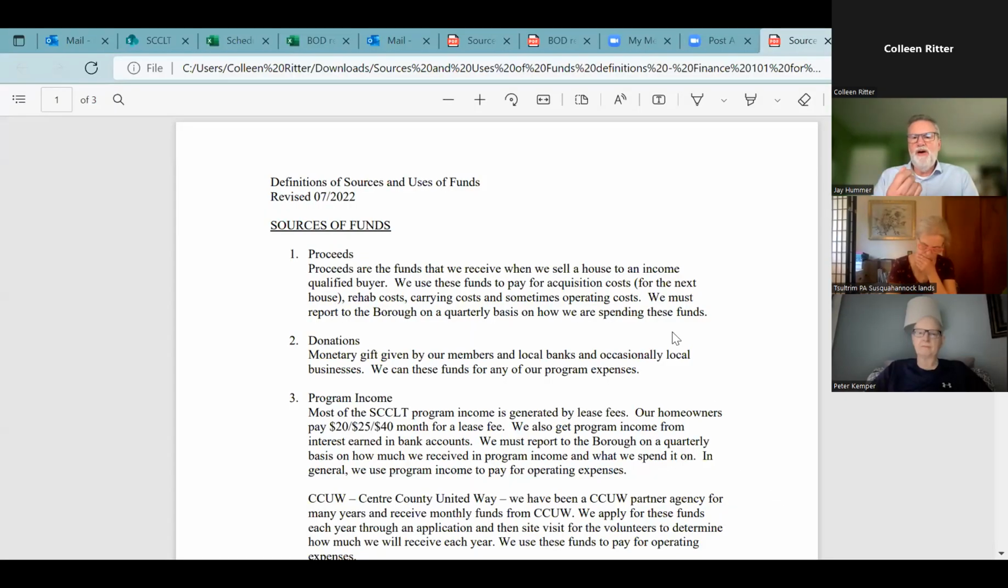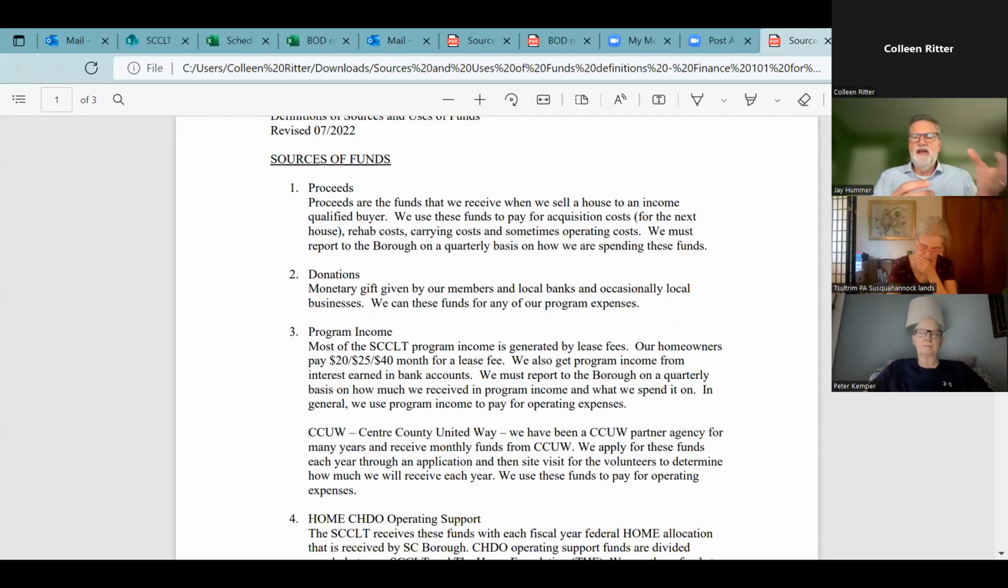But proceeds are basically the pot of money that we use to buy and renovate houses. That's a segregated part of our budget. It doesn't have its own separate bank account, but accounting wise, Colleen knows that it's restricted-use money to buy houses with and to renovate them.